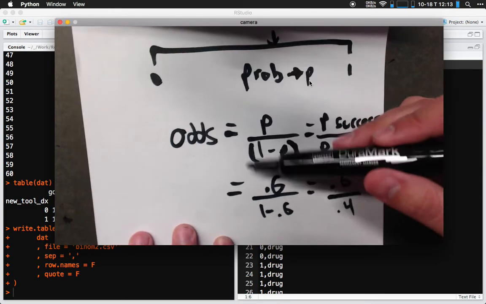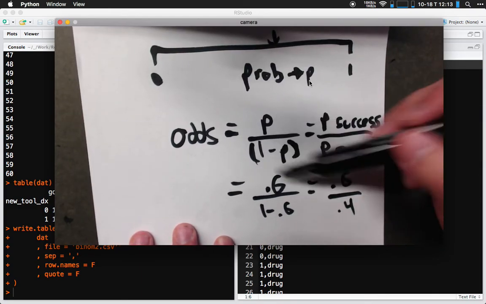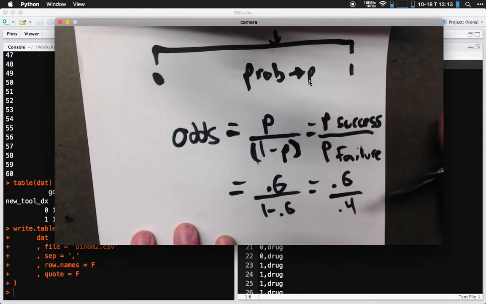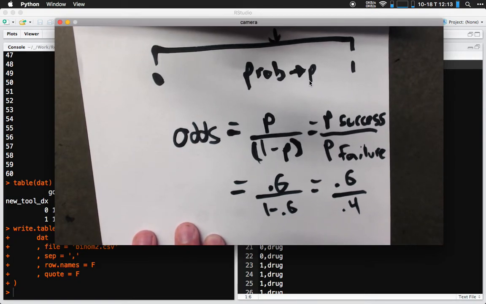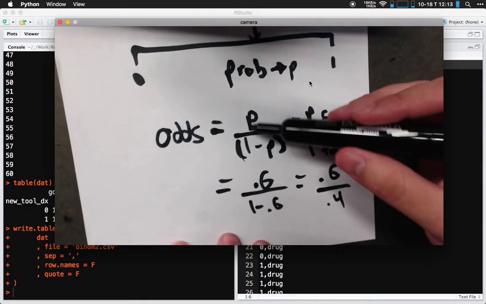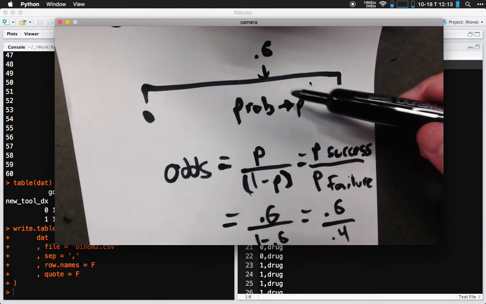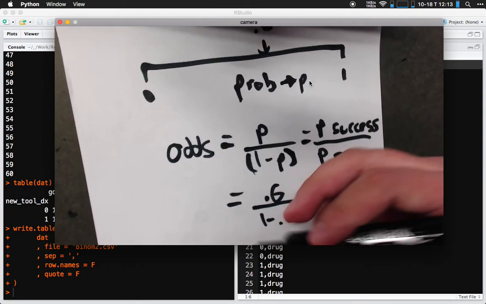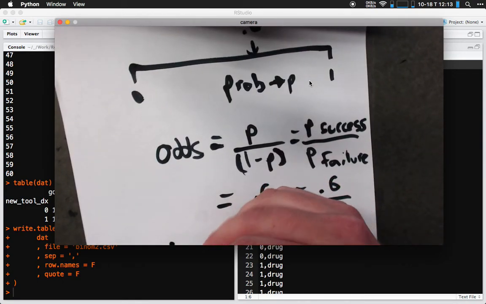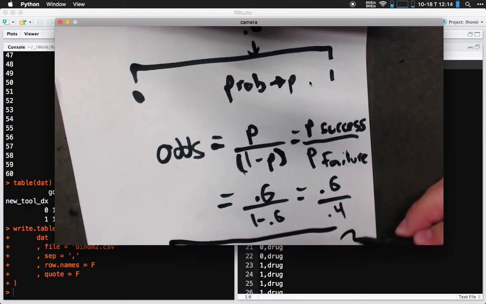What is the domain of this new thing? What are the possible values that you think this one can take? We got 0 to infinity, so it can't ever take negative numbers, right? Yeah, okay, so this new scale has at least made it so that instead of from 0 to 1, we're now going from 0 to infinity.